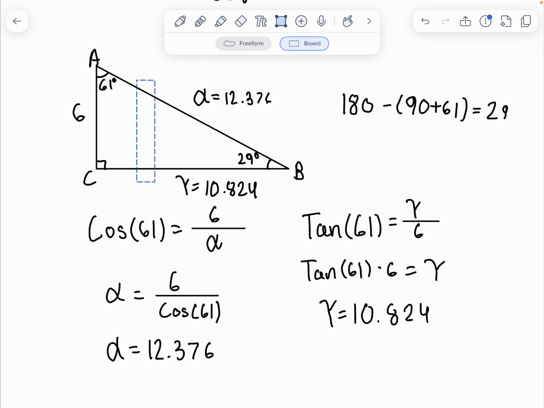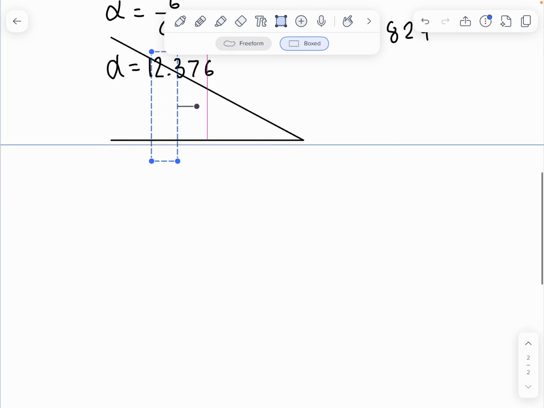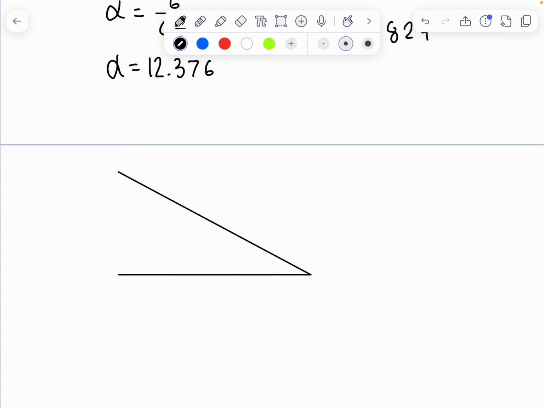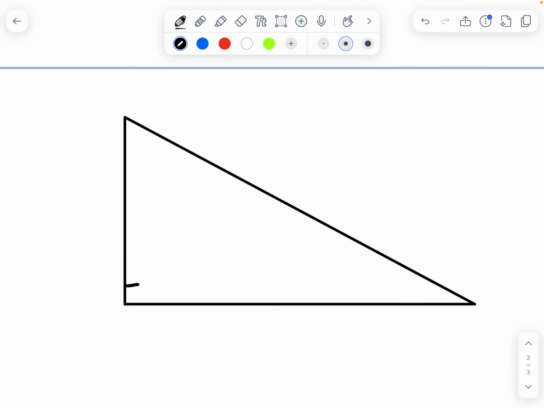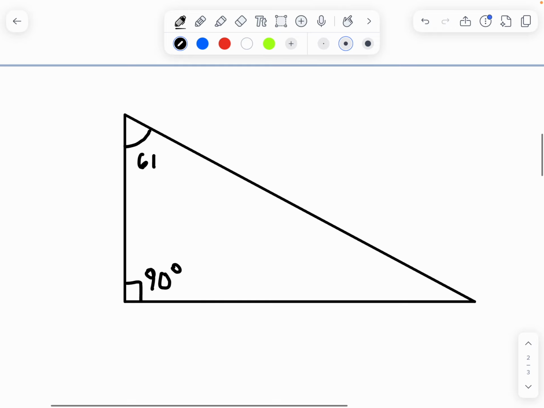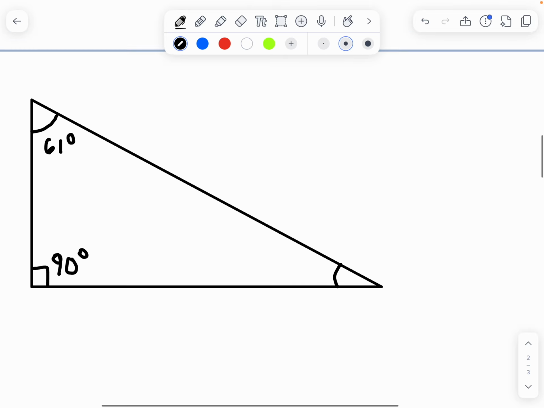So in the end, hang on, let me write everything. So we know that this is 90 degrees. This is 61 degrees. This is 29.